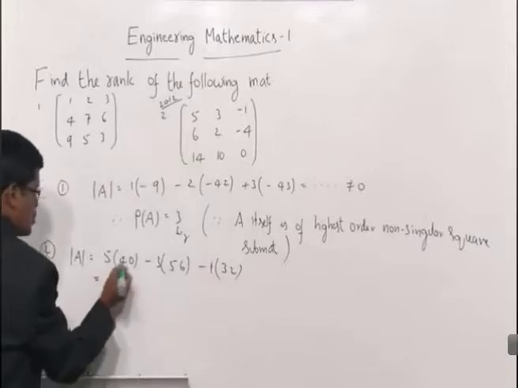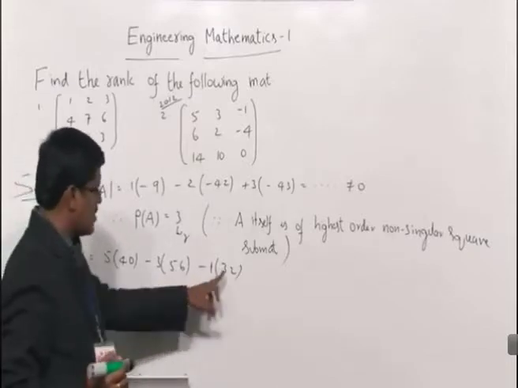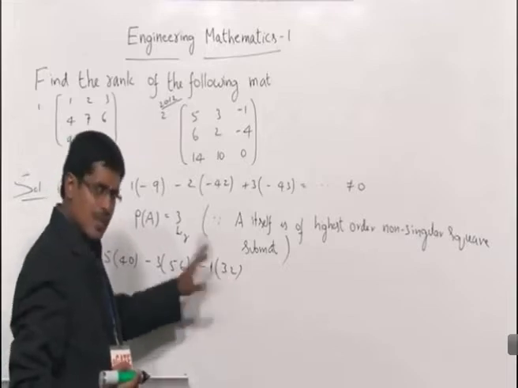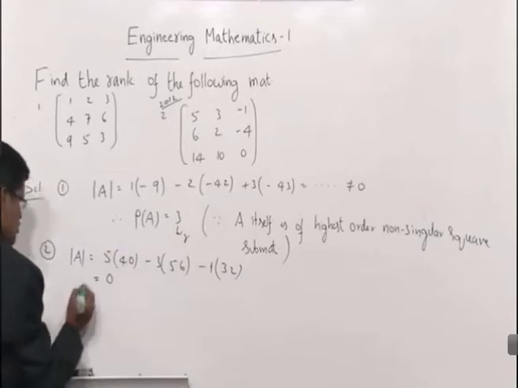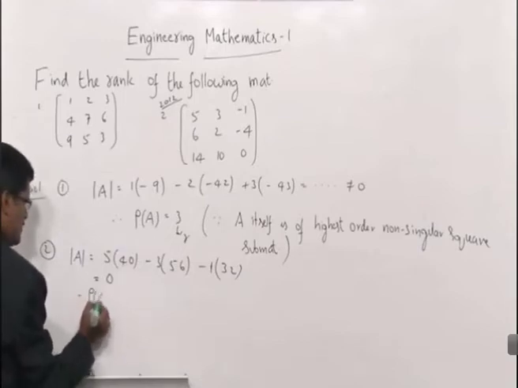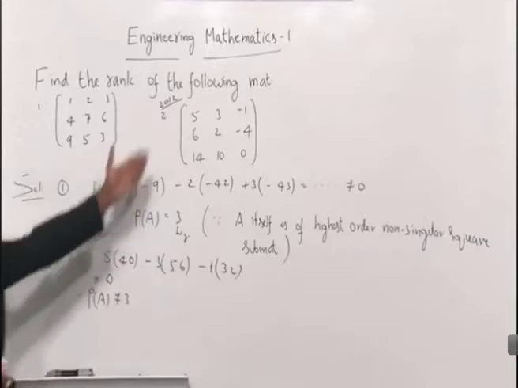Now, this is 200 and this is minus 168 minus 32, that is 200 minus 200 simplifies to 0. Okay. So, rank A is not equal to 3, because the 3 by 3 determinant is 0.